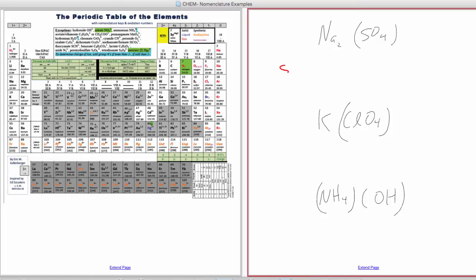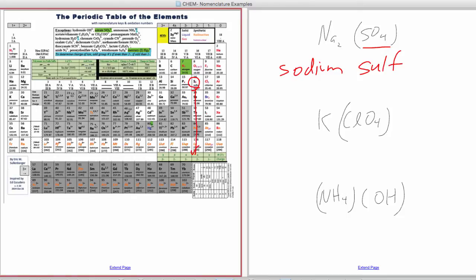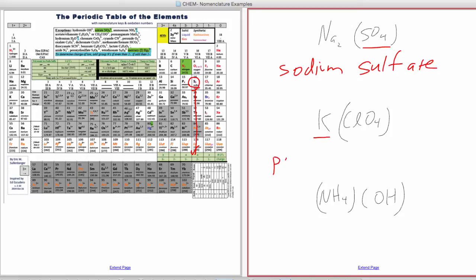Na is sodium. SO4, that's sulfur, and sulfur normally has a 4 on it, so -ate. The next one here, K is potassium.